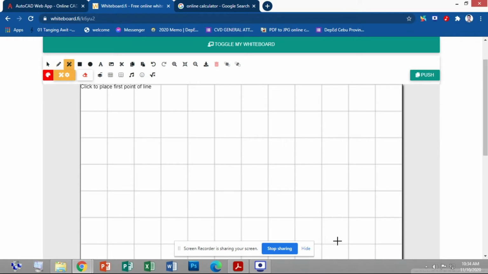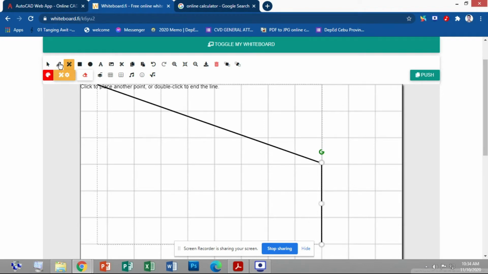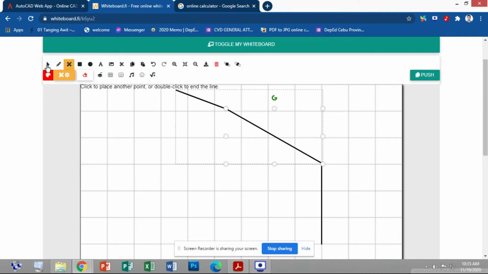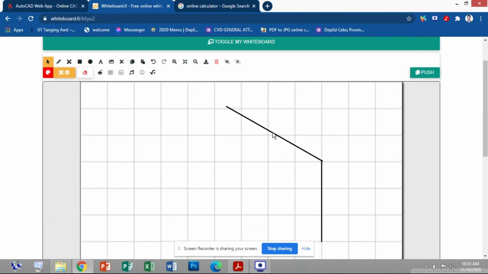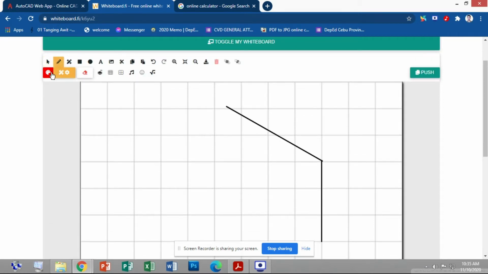So we have, for example, this line is actually, this is the 10 unit na line. And then this is our next line, which is actually the angle, the inclusive angle for this, kailangan natin 125.